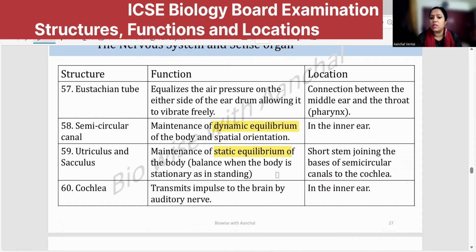Utriculus and sacculus are basically a kind of short stem that connects the semicircular canal, that is a ring-like structure. I hope you remember the structure. You have three semicircular canals, and then you have a small short tube, and then you have the cochlea, which is connected to the nerve, right? This is your inner ear structure, a rough diagram. So this part is the vestibule, this part is the inner ear, and this part is the cochlea, right?